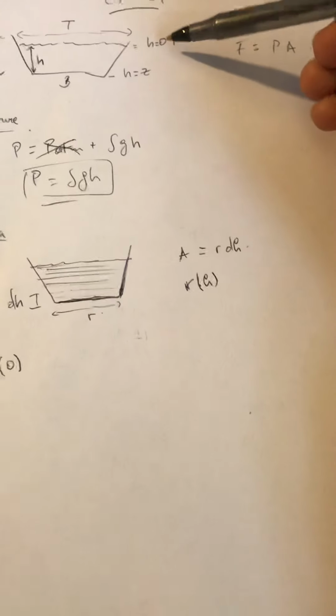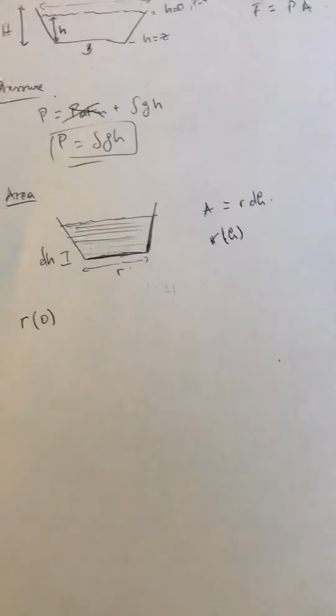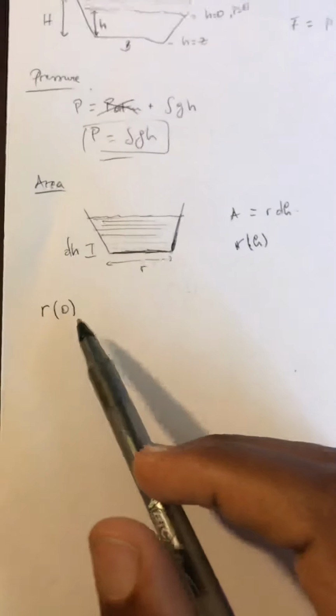Okay, and to do that, we can start by saying that at h equals 0, so our r of 0, and we made our h equals 0 up here at the water level, but in this case, when we're trying to find the expression for our h, we're gonna say that h equals 0 at the bottom.